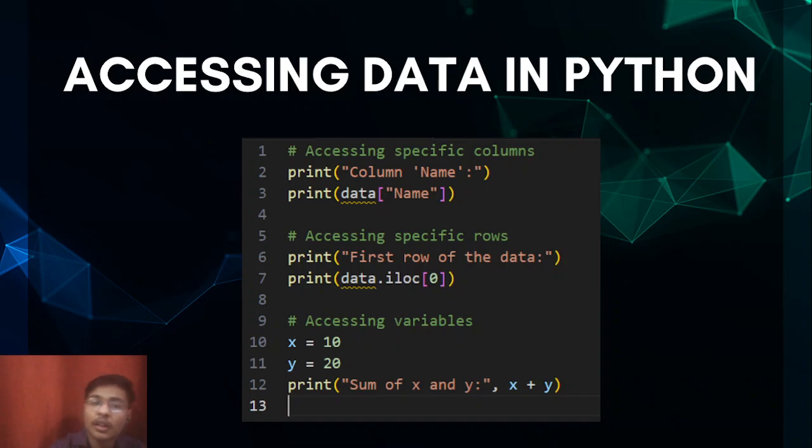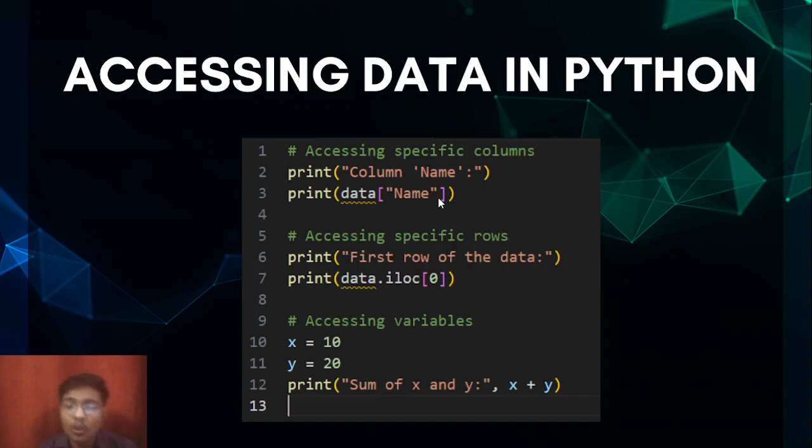Here we use data, which is the container that stores the data we retrieved from the CSV file, and we use square brackets with the column name from which we have to get the data. So here it gives all the data present in the name column.